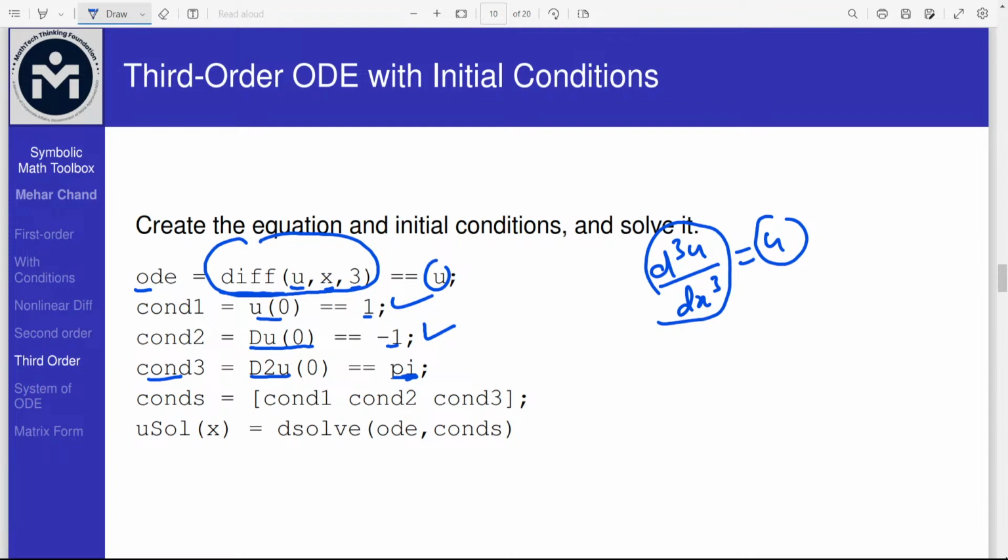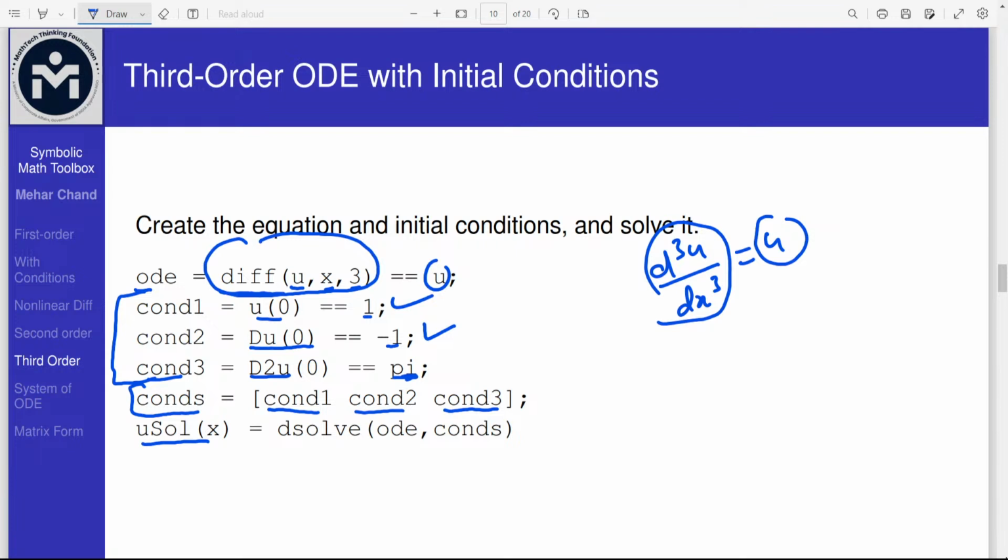Then all these three conditions we can store in a single statement, a single assignment, as we did in the previous example. This is condition 1, condition 2, and condition 3. Then this is the final statement: u solution x.